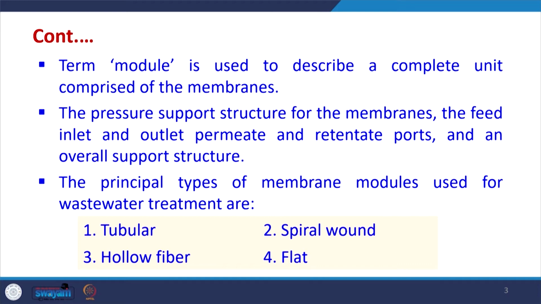So, there are different types of membrane modules which are used for wastewater treatment, and these include the tubular ones, the spiral wound, the hollow fiber and the flat type. All these types of modules are used for water treatment, and these modules are shown here. We can see here the tubular module where we can see the pores, and this is the tube.